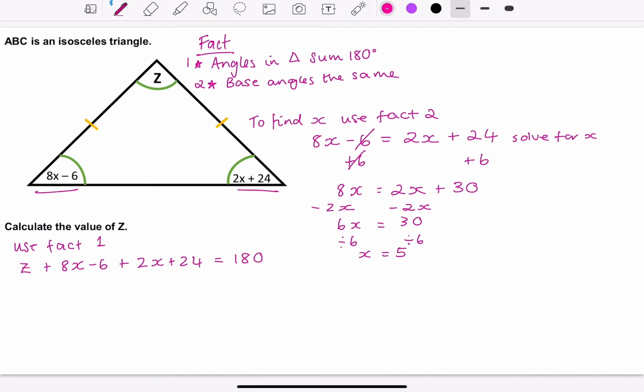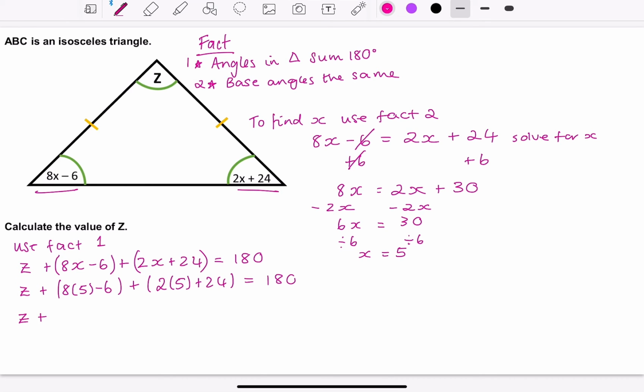We already know x, so I'm going to substitute that in first. So I'm going to get z, add 8 times 5 minus 6. Remember, these are in brackets, so they all need to be done together. And I'm going to get 2 times 5, add 24. And that is equal to 180.